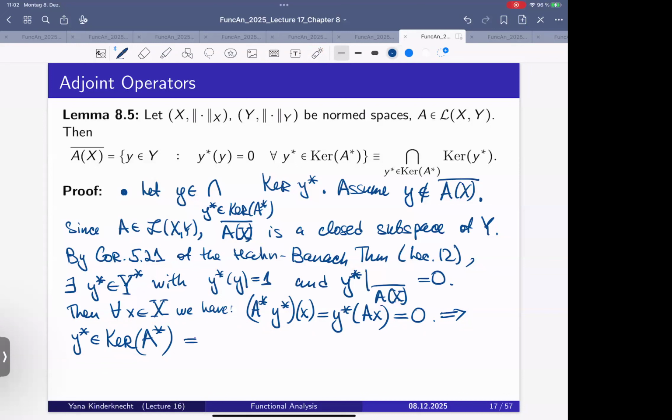But this means that y star evaluated at y, exactly this y which we used here, should be equal to 0, since my y belongs to this intersection of kernels.